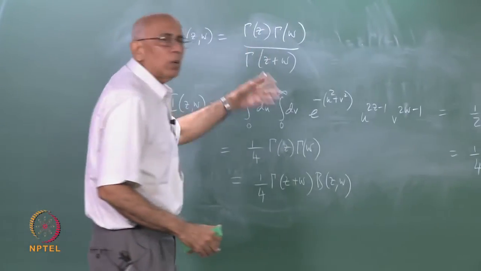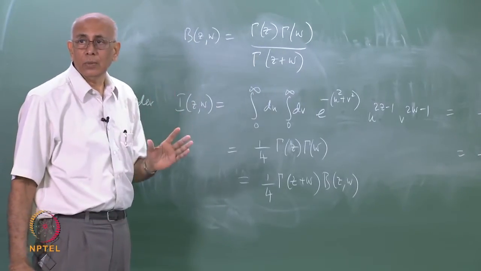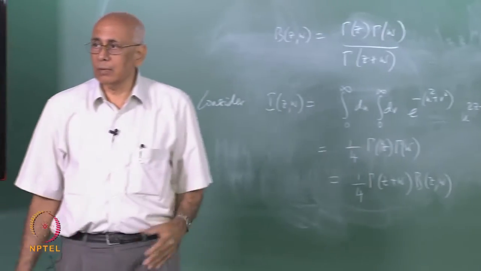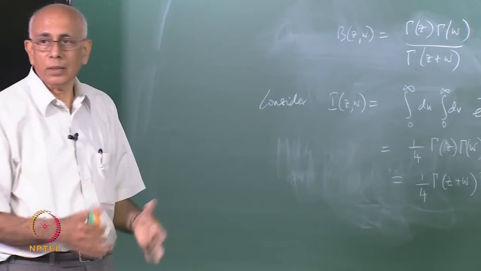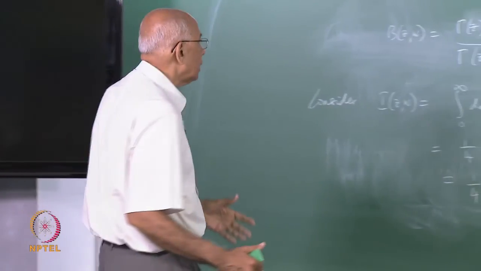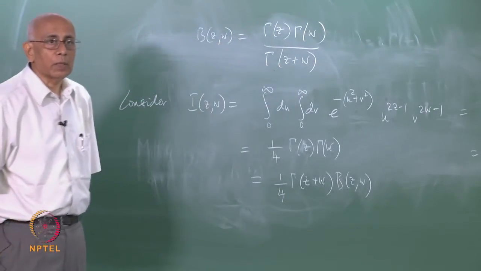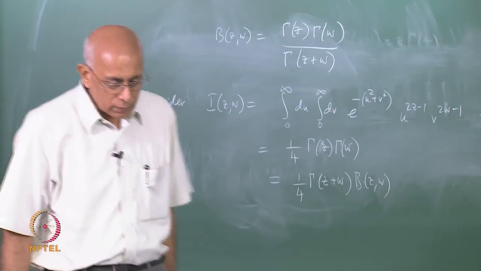So this tells you all about the analytic structure of this function. You can use this to analytically continue it. Once you know the continuation of gamma, you can continue it to all arbitrary values of z and w using this. So the entire singularity structure of this function is known to you completely from this identity. Okay. Very fundamental relation between the two Euler integrals.